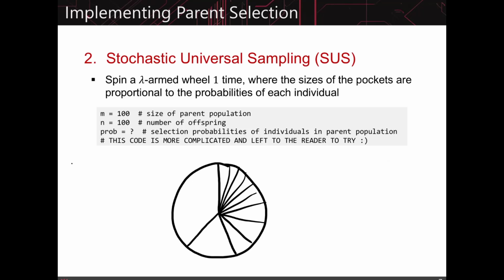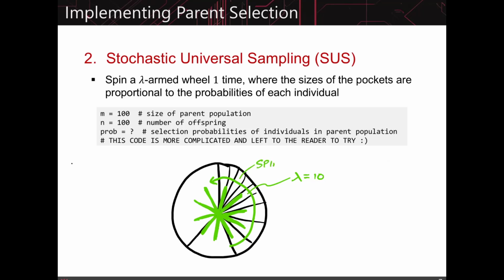So we've got our probability distribution for each of the individuals in our population. I think I've drawn more individuals in this particular example. But now, instead of a singular arm on the wheel, we're going to have evenly spaced lambda arms on the wheel. Now what I'm going to do is spin this entire 10-armed contraption on the wheel.